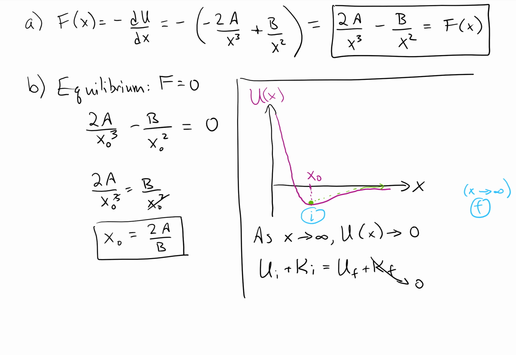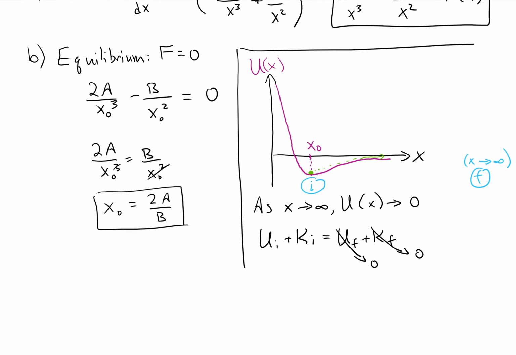We also just said that U of x equals 0 as x goes to infinity, so this term is also going to be 0. So what we're saying is we need some kinetic energy that's equal to negative U at equilibrium.